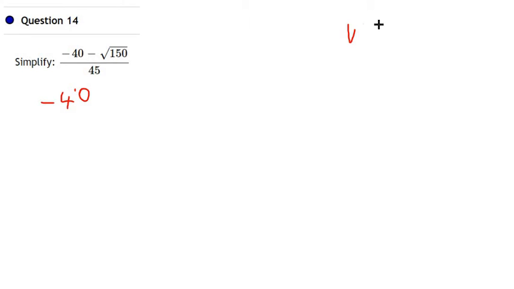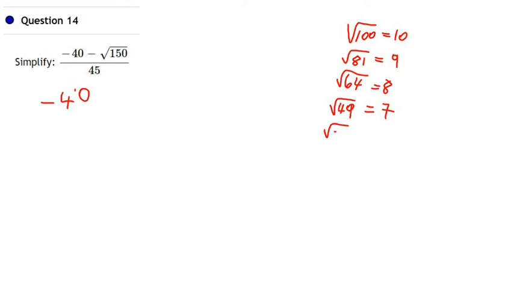Well, let's start with 100. 100 is too big. 81 is also a bit large to go into 150. 64 doesn't go in. 49 doesn't go in. 36 doesn't go in. But 25 does. I think we found a winner. 25, the largest perfect square factor there.